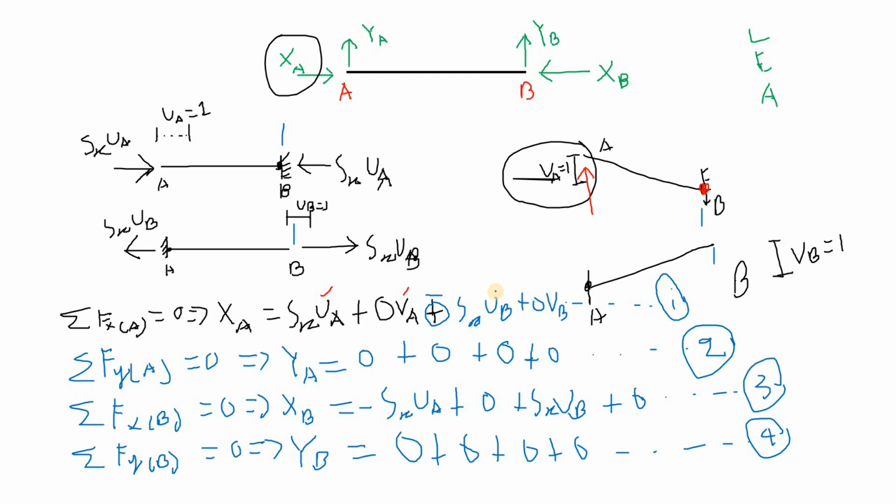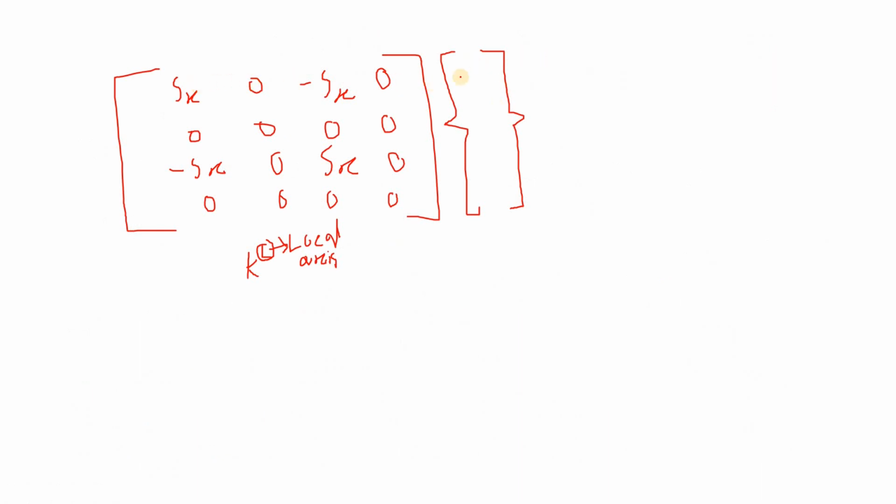Then we have VA. Then we have UB, then we have VB at the 4th location. So that is what we're going to replicate: UA, VA, UB, and VB. So this is the deflection vector.